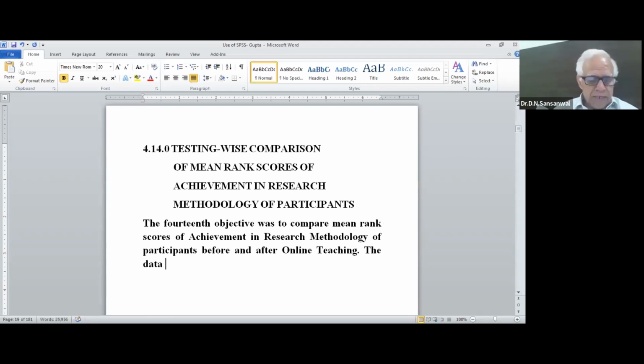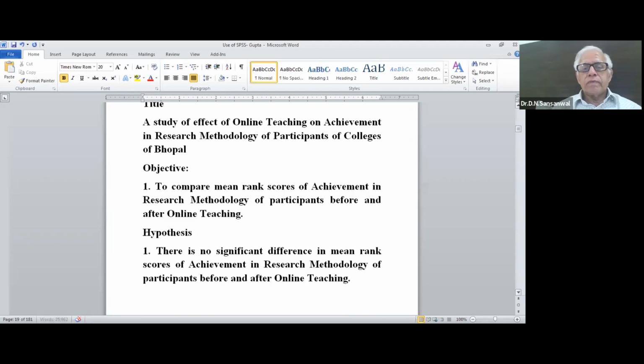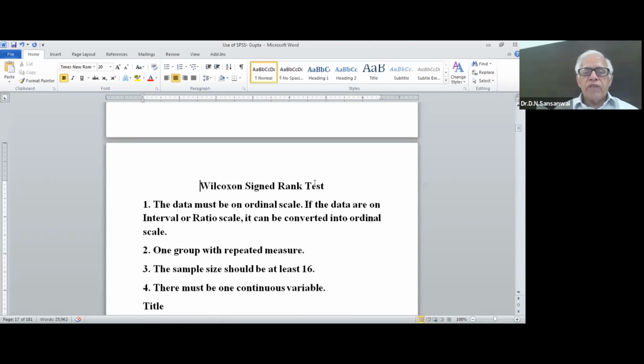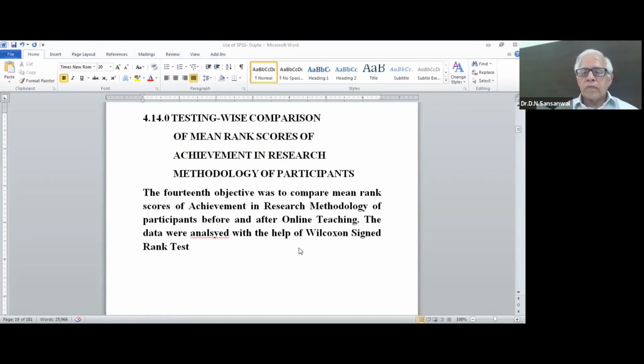The data were analyzed with the help of Wilcoxon signed rank test.